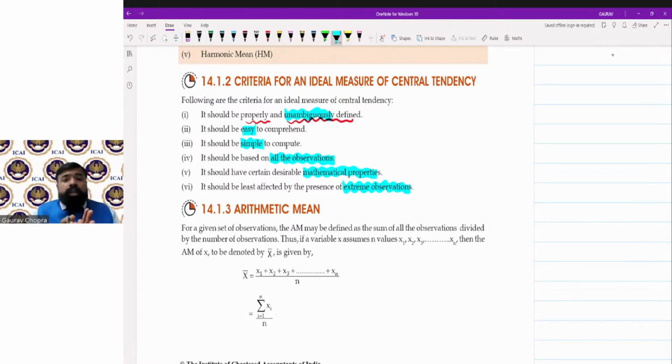Extreme means the highest value and the lowest value. If the average is affected by extreme values, that is not a good sign for an average. So it must be least affected by extreme values. All these are the basic criteria. Okay.